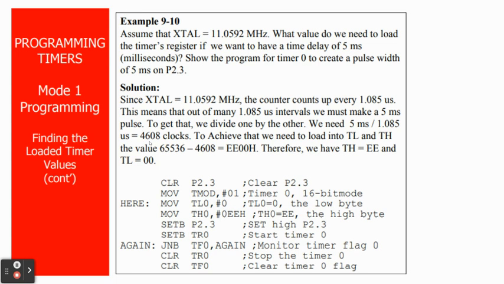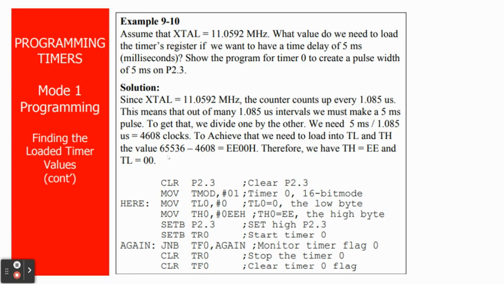Of course, this is not the actual answer. I believe it will have a fractional part like 4608 point something. But we can drop that decimal part or fractional part because we just need to get the whole number. So in this case, the 4608 will be subtracted now from 65,536.